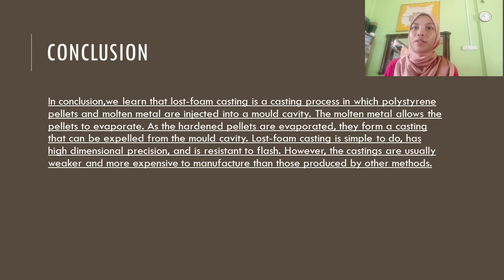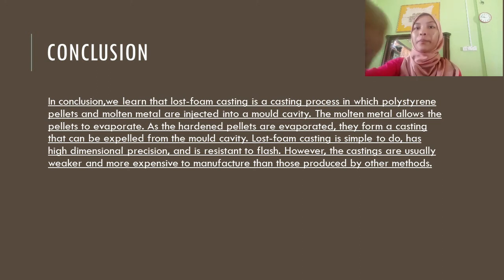So, in conclusion, we learned that lost foam casting is a casting process in which polystyrene pellets and molten metal are injected into a mold cavity. The molten metal allows the pellets to evaporate. As the pellets evaporate, they form a casting that can be expelled from the mold cavity.